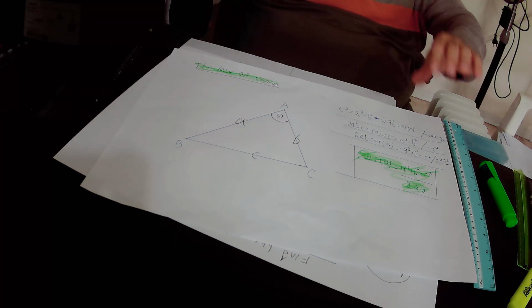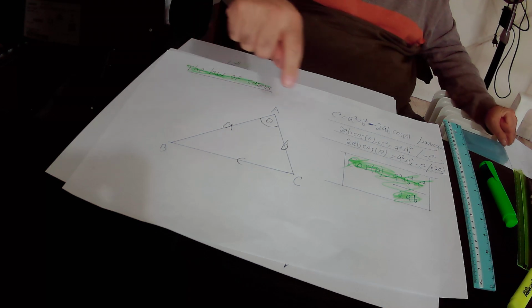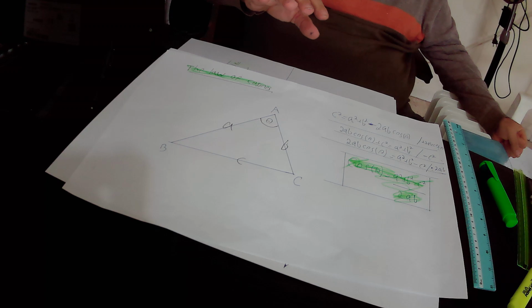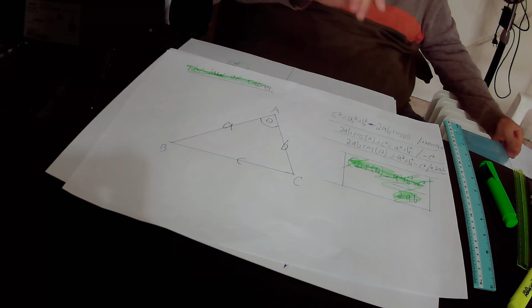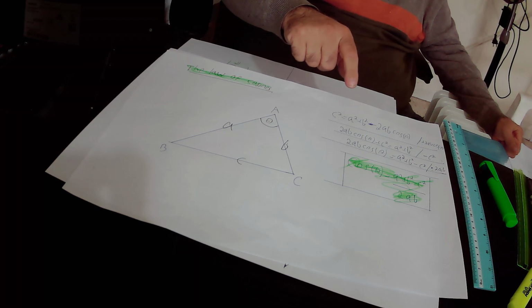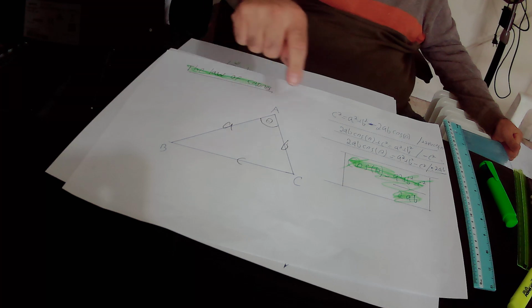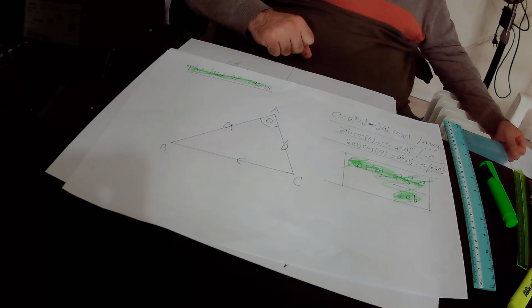Then according to the law of cosines, the following equation is true: c squared equals a squared plus b squared minus 2ab cosine theta. From this equation, it is very easy to arrive at cosine theta equals a squared plus b squared minus c squared over 2ab.